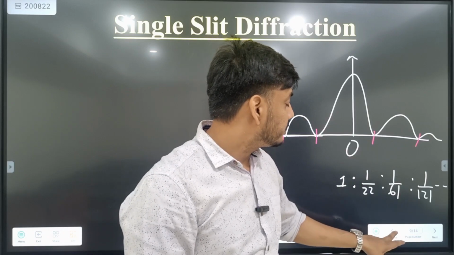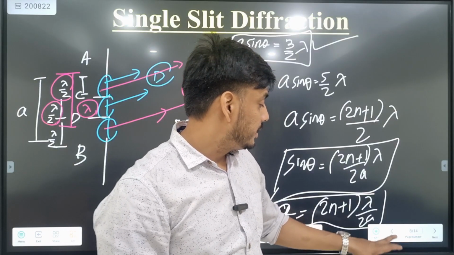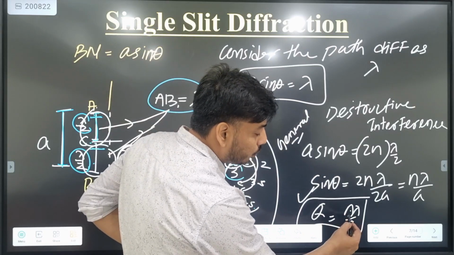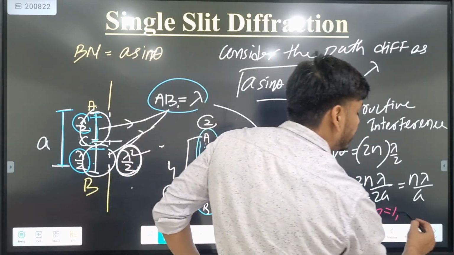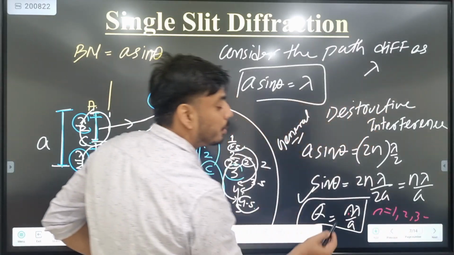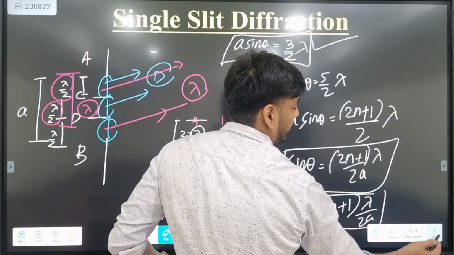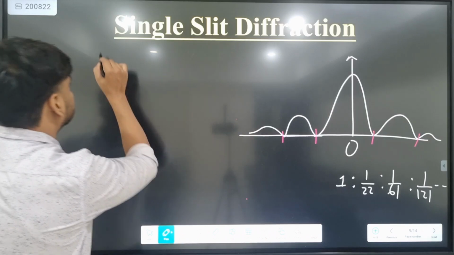In terms of theta, we can also write the condition for dark points.